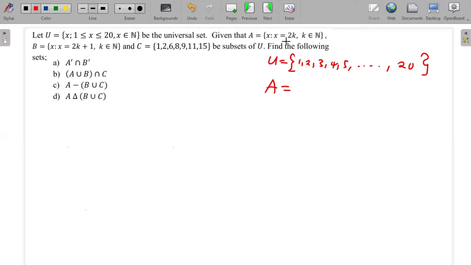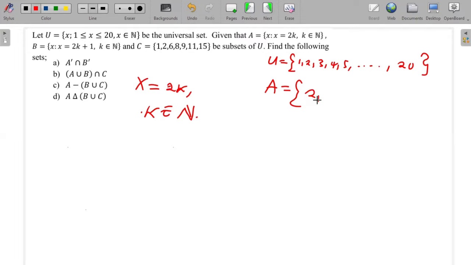If they are saying x is equal to 2k, and k is a natural number, I'll just start multiplying these natural numbers by 2. But whatever number I put in set A should be within 1 and 20. So the first element in A will be 2, because it will be 2 multiplied by 1.